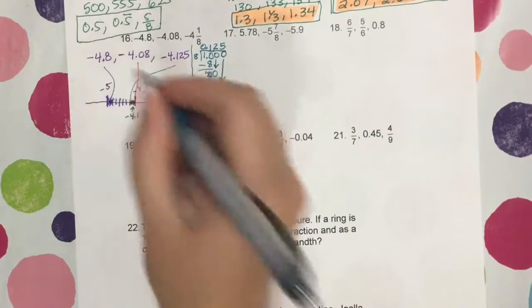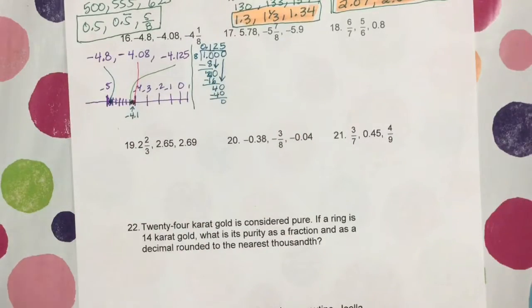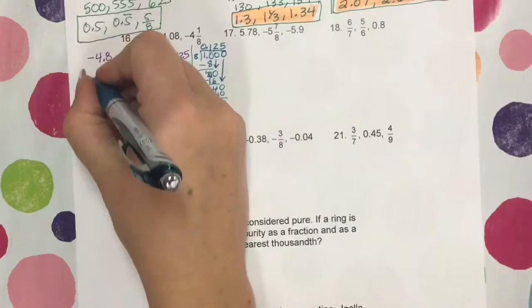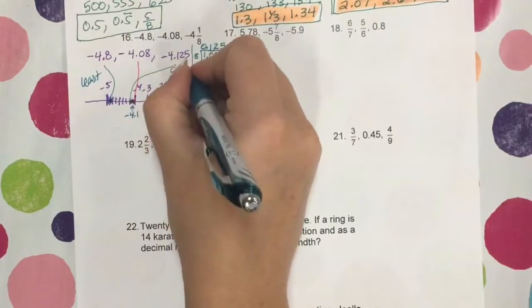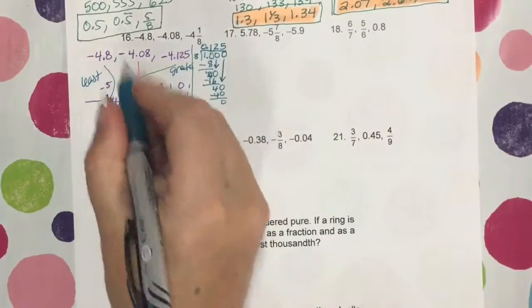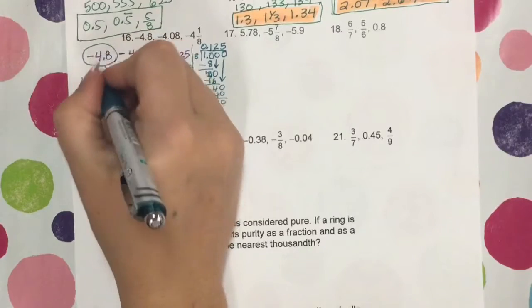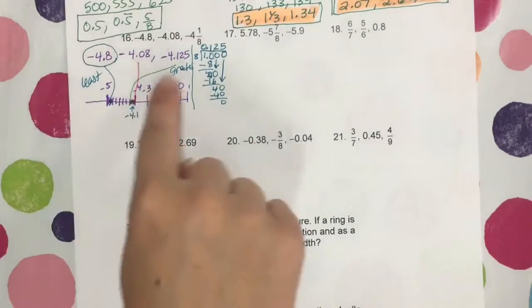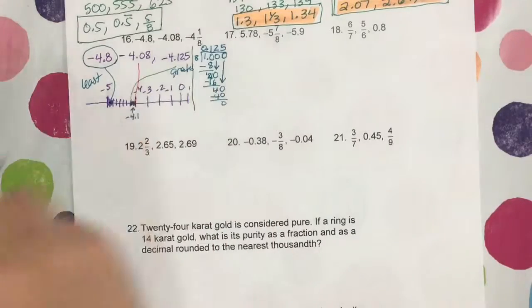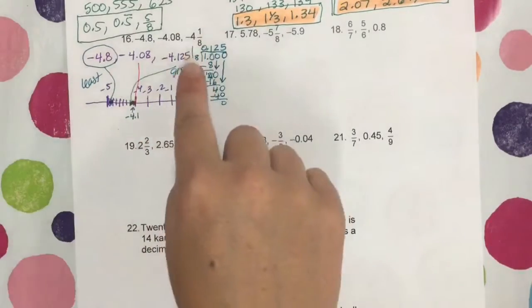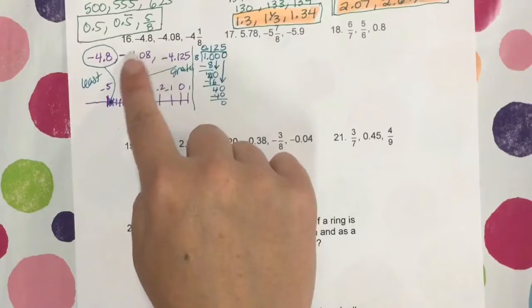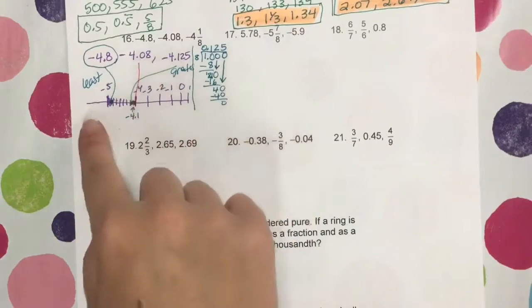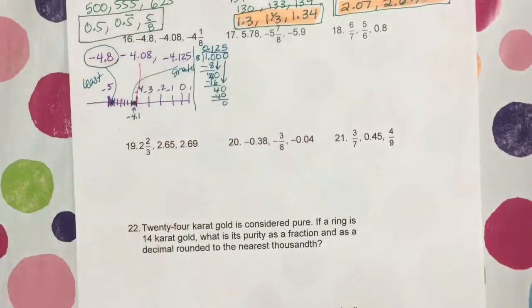Okay? So remember, these are least to greatest. So negative 4.8 would be the least. And then the green one would be next, and then this is the greatest one right here, just because of the way that negative numbers are.